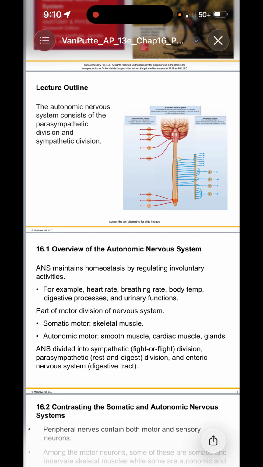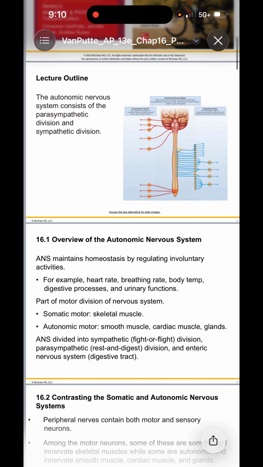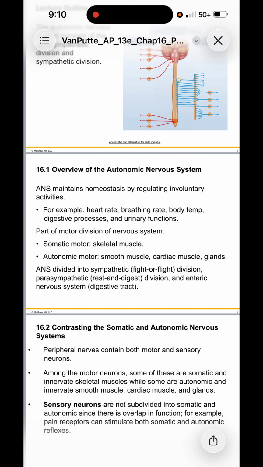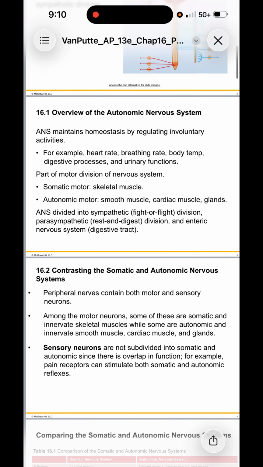Part of motor division of nervous system. Somatic motor, skeletal muscle; autonomic motor, smooth muscle, cardiac muscle, glands. ANS divided into sympathetic fight or flight division, parasympathetic rest and digest division, and enteric nervous system, digestive tract.